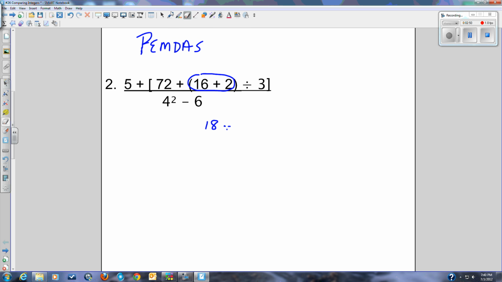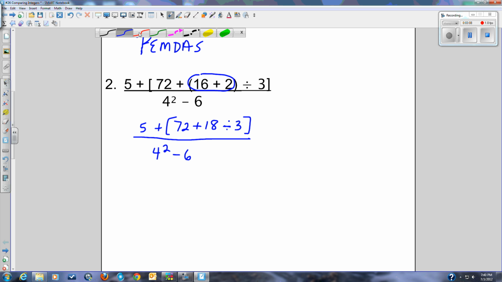My pen is not working terribly well. Let's write down the rest of the problem. Now in the parentheses, let's see what we have here. We have 72 plus 18 divided by 3.